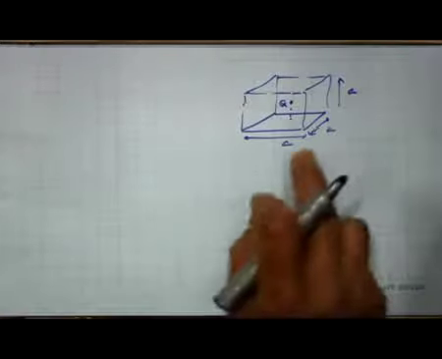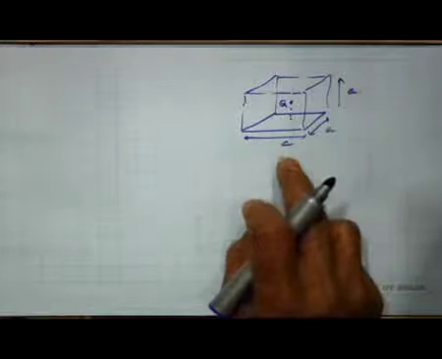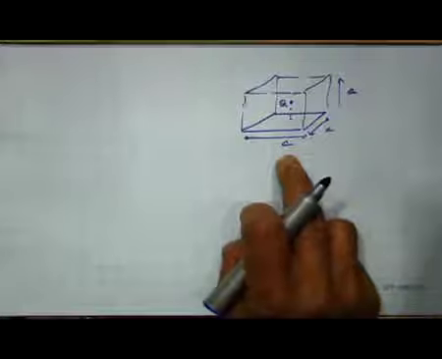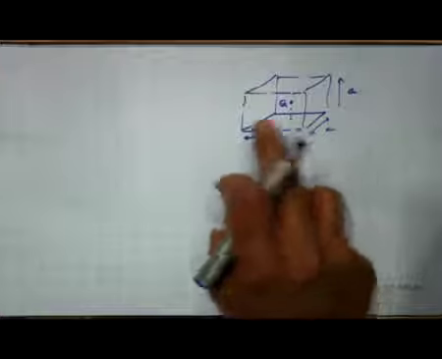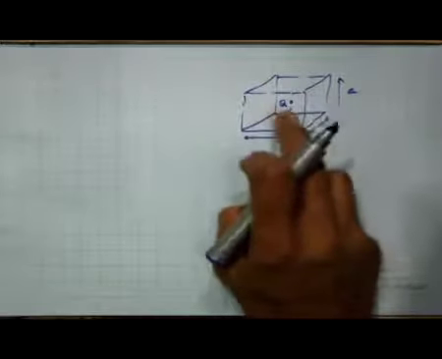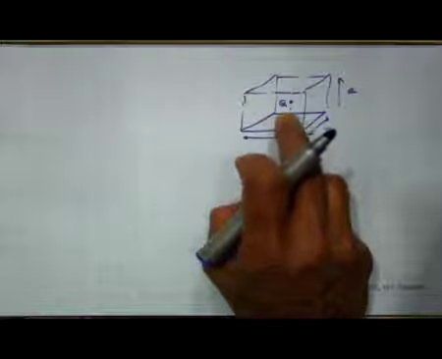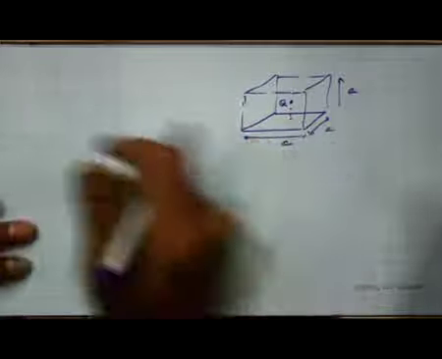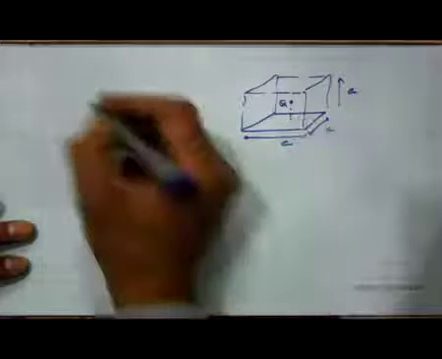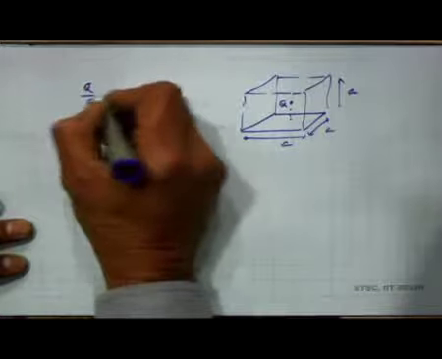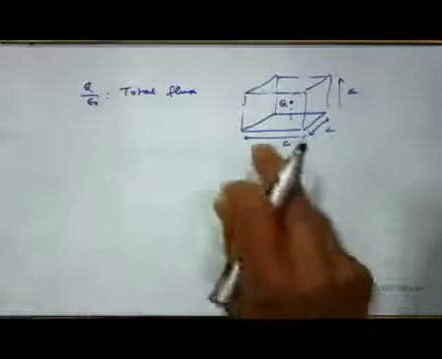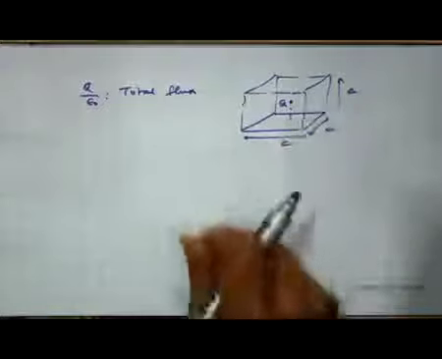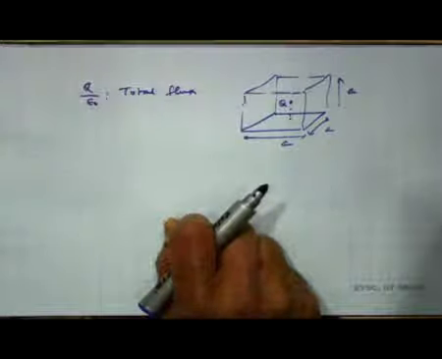So, the charge is placed at the center of a cube of side A, and because it is a point charge, the electric flux is uniform. It does not depend on the angle, it depends only on the position. There are 6 surfaces of the cube surrounding this, and they are equidistant from the point source. The total flux coming out of the charge q is q by epsilon 0, and out of this 1/6 must be passing through each of these surfaces, because they are all equidistant from the point charge.